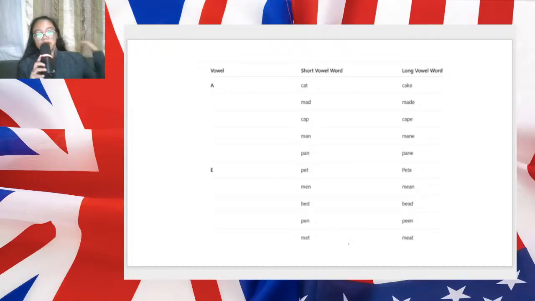Let me just try to read it. Okay, for A, short vowel sound: cat, cut, but, man, set, bag. Long vowel sound: father, calm, spa, car, ham.